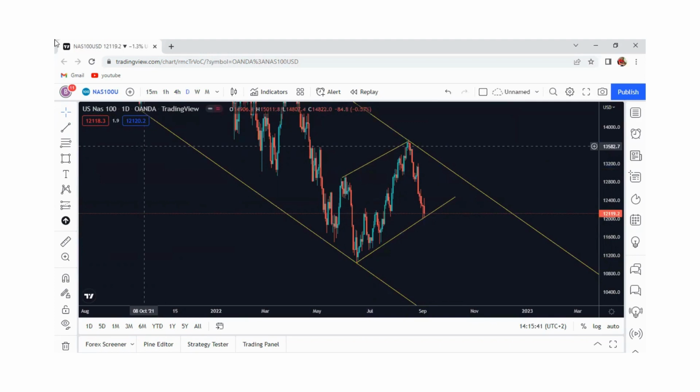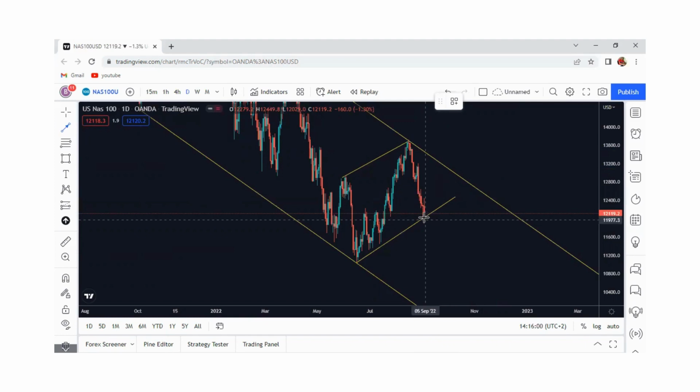So what I'm expecting here, in order for me to sell it again, this here is a very strong zone, but I'll go to the 4 hour and show you.